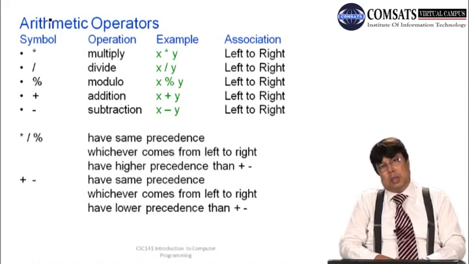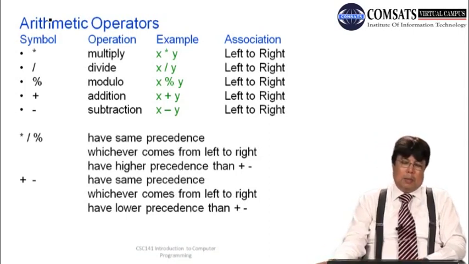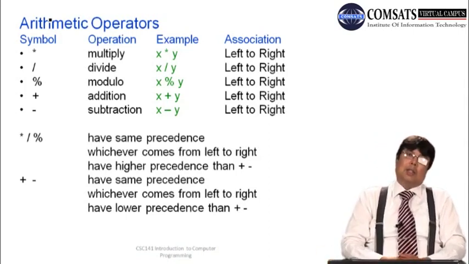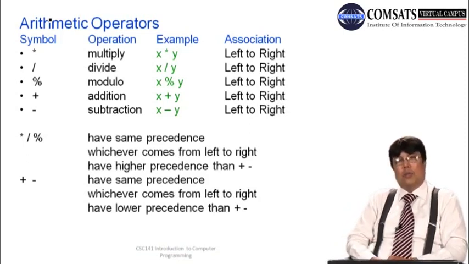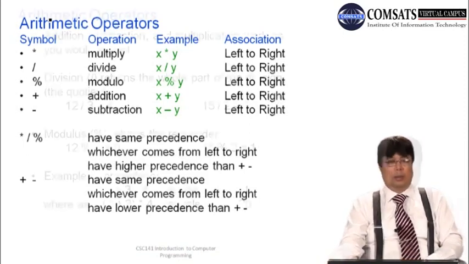This is called precedence. Similarly plus and minus have the same precedence, and again if there is a competition, the winner will be whichever comes first from left to right.